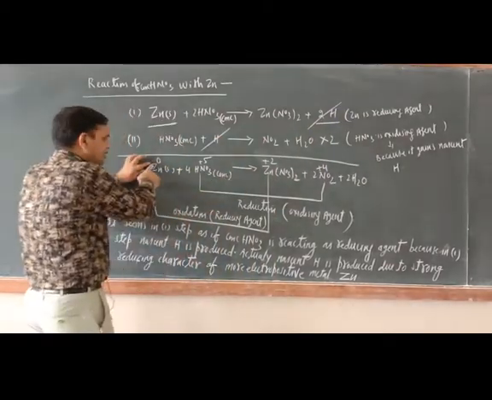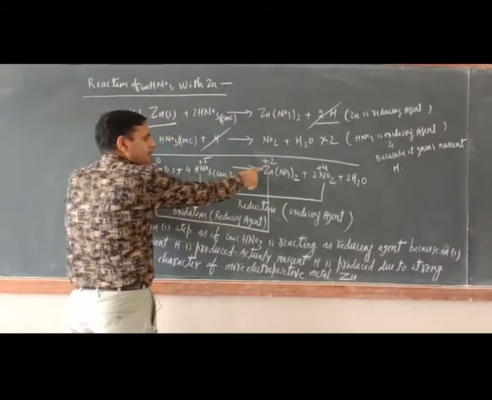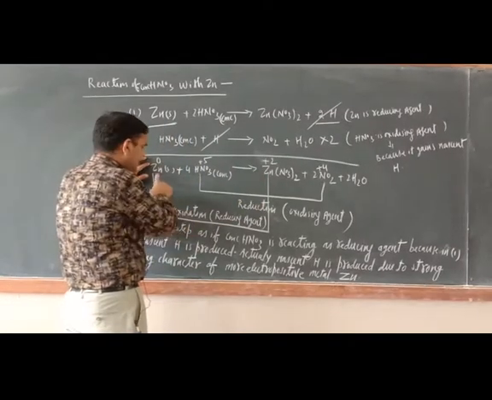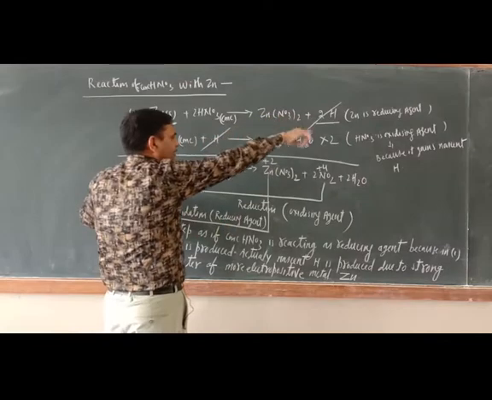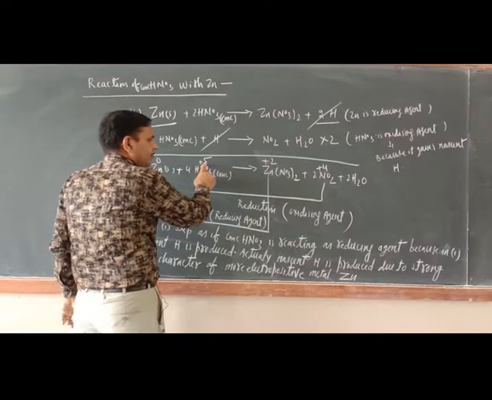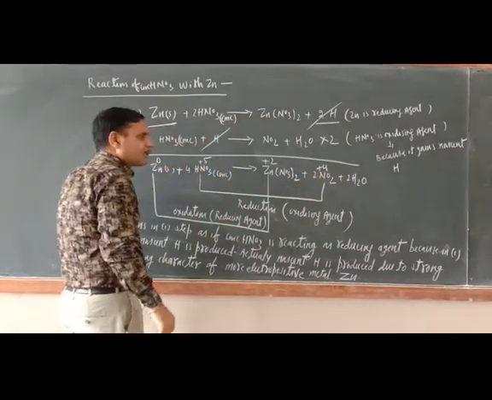Now just see, zinc is 0 here, zinc is +2 here. So from 0 to +2, there is an increase in the positive oxidation state. So zinc is undergoing oxidation, hence it is the reducing agent. Already in step one I wrote that in HNO3 the nitrogen oxidation state is +5, but here in NO2 the nitrogen oxidation state is +4.